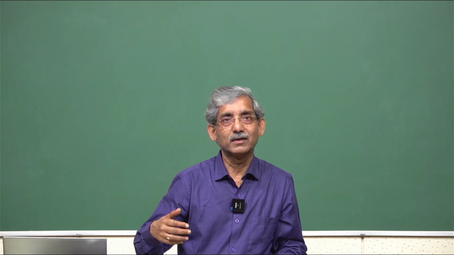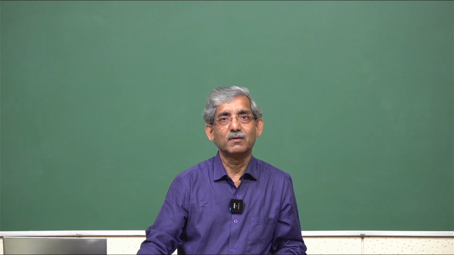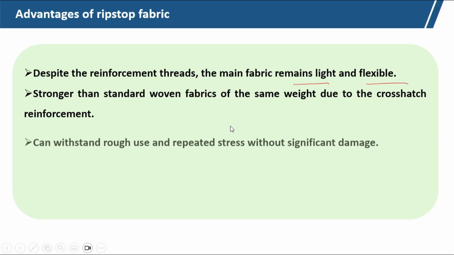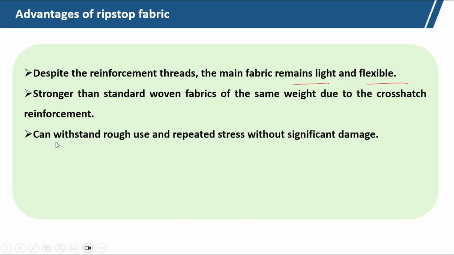So, this fabric has got some unique nature. It is stronger than standard woven fabric due to the presence of reinforcement threads, for the same weight, due to the cross hatch pattern. It can withstand rough use and repeated stress without significant damage.